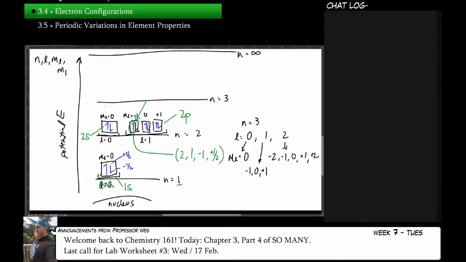Okay, let's draw our diagram. So here's the L equals 0. There's m sub L 0. Then we can do L equals 1. And then I'm going to need more space here.